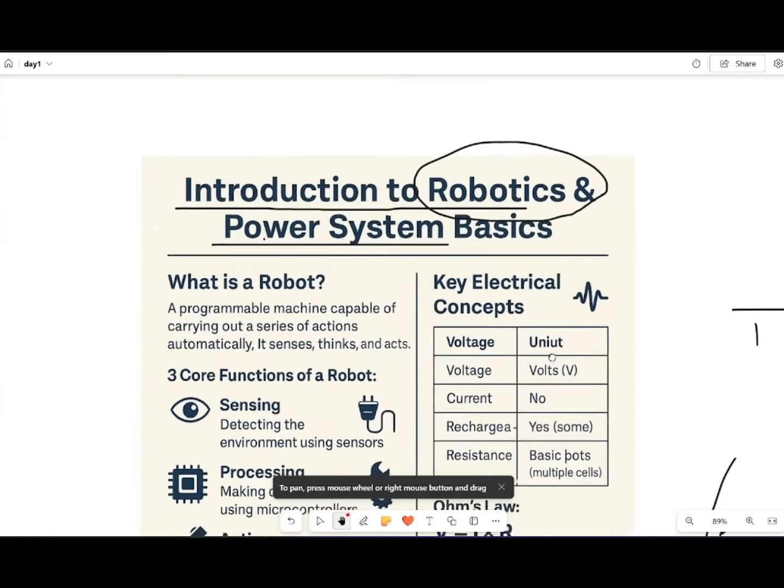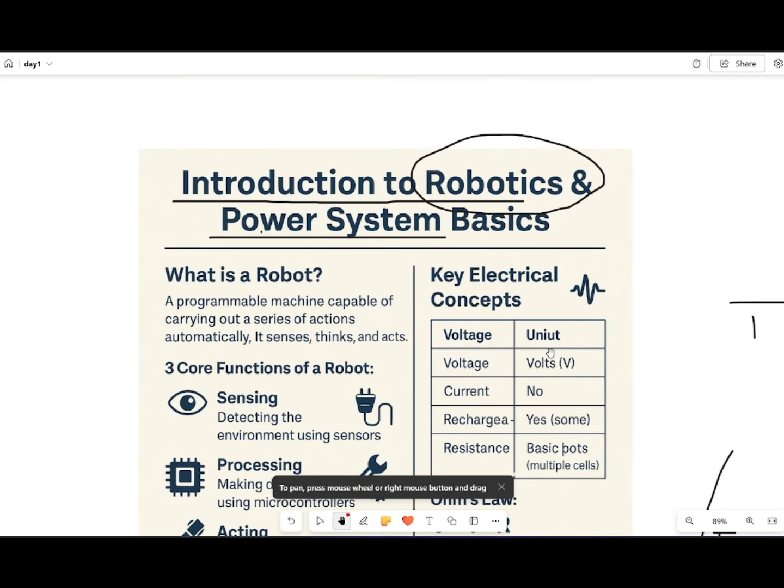So what is a robot? A robot is a programmable machine capable of carrying out a series of actions automatically, or it can sense the environment, think, and then react to that. That is our robot.